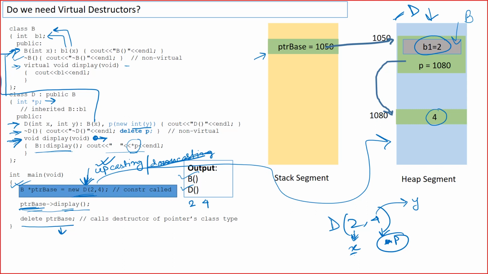Base type of pointer. So which destructor will it call for destruction, tilde B or tilde D? Because B is not virtual, pointer base will consider its own type and it will call B or D.